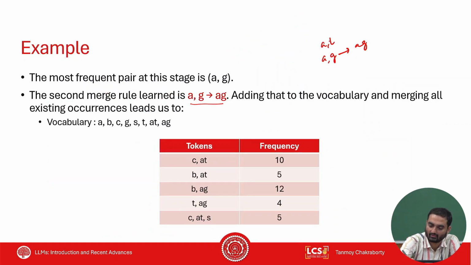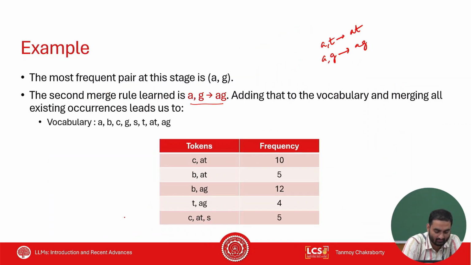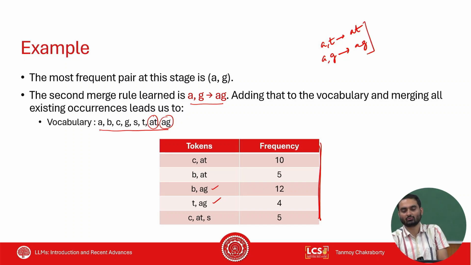Earlier we learned A comma T derives AT. Now A comma G derives AG. And what else do we do? We replace all the occurrences of A comma G by AG. So this is going to be B comma AG, this is going to be T comma AG, and so on and so forth. This is my modified frequency table. This is the modified vocabulary where you see both these new tokens have been added, and the two rules have also been added.